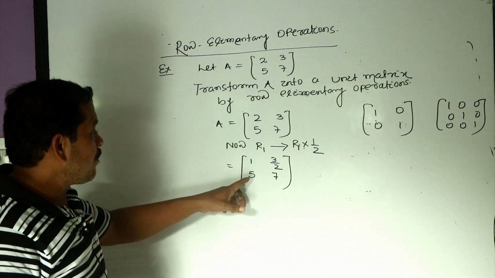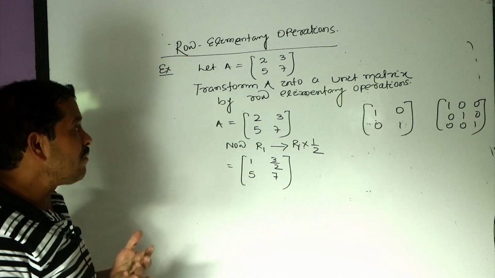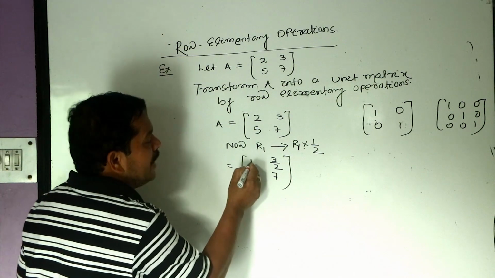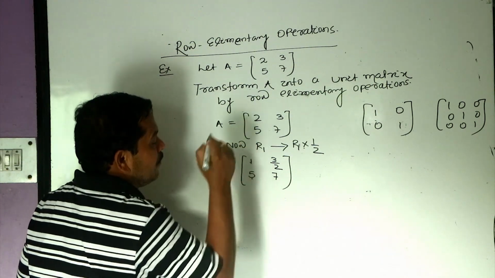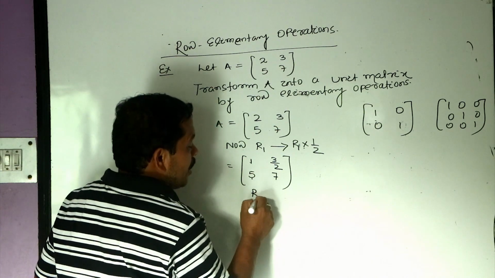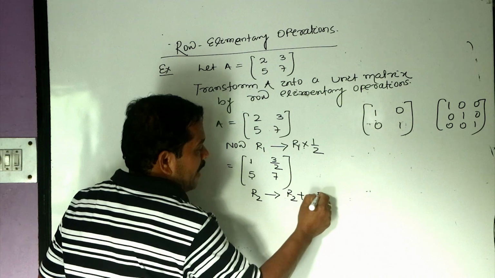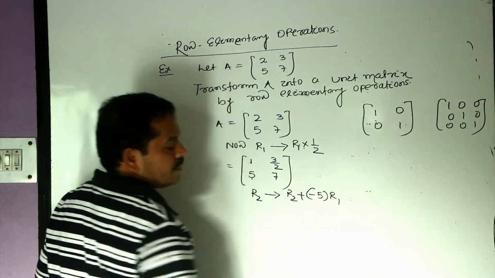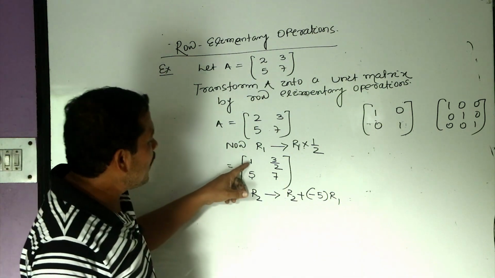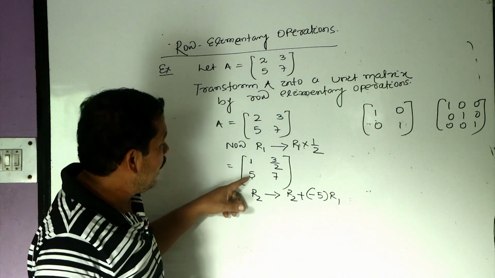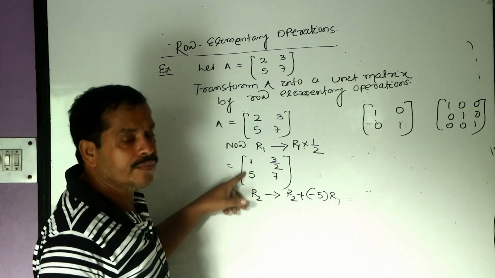Next, we have to make this 0. How can we make it 0? Here it is 5, here it is 1. Now R2 is replaced by R2 plus minus 5 times R1, because if we multiply by minus 5 and add with this 5, then it will be 0.